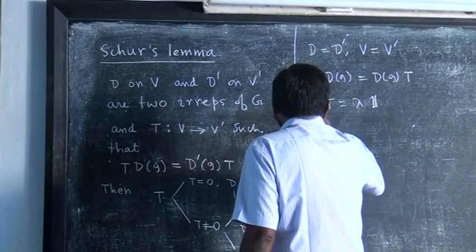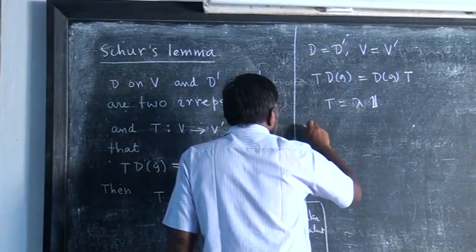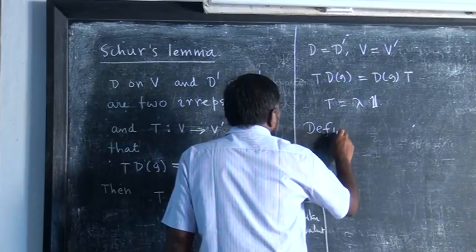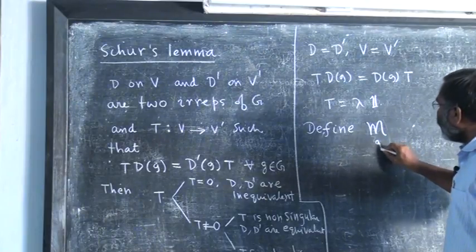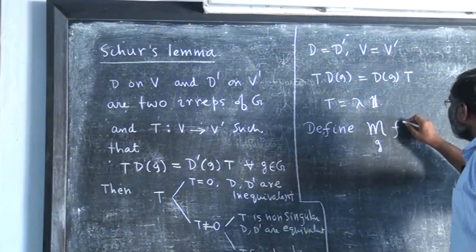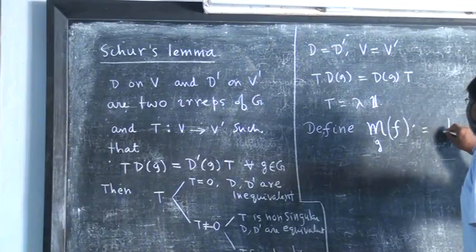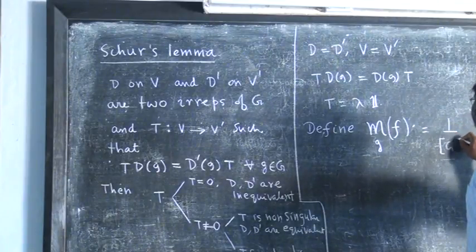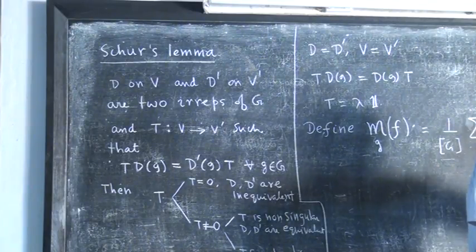Now let me define the mean of some function as 1 over the order of the group into the sum over all group elements of the value of the function.